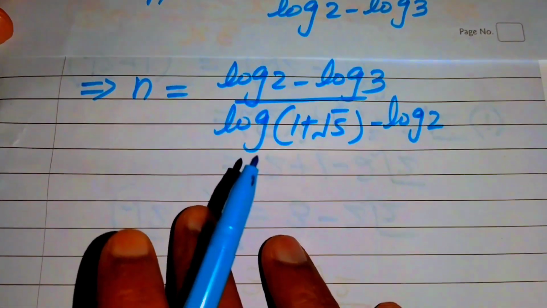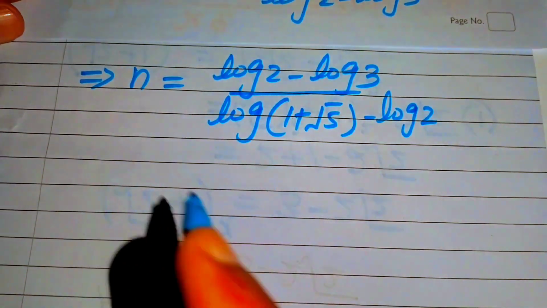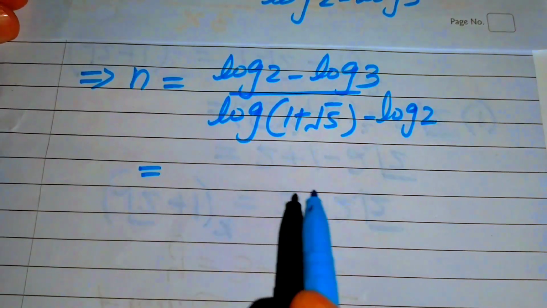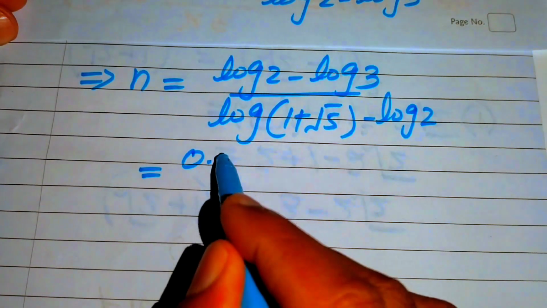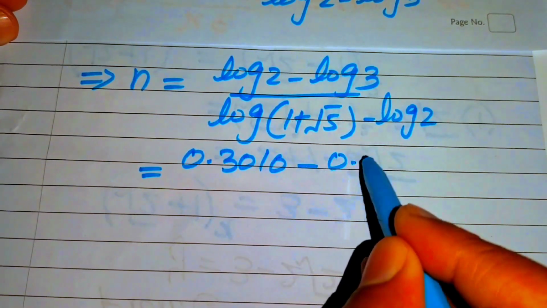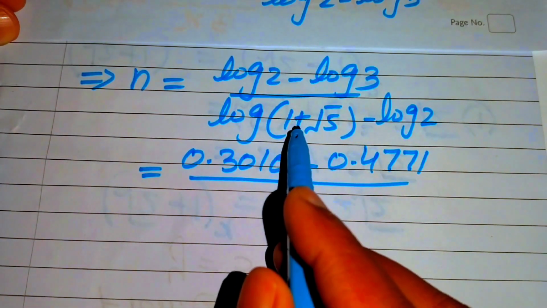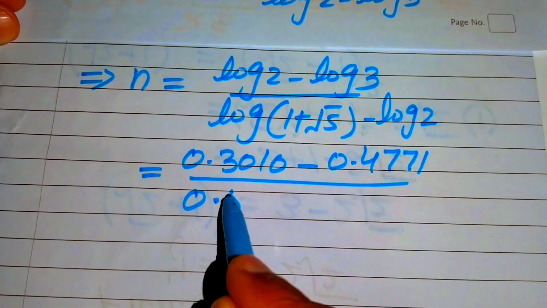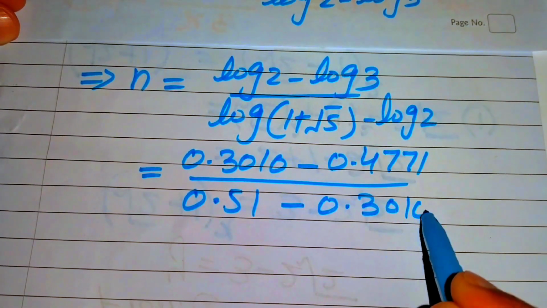So here we put the values of log 2, log 3 and log of 1 plus square root 5. You can use a calculator or log table in order to find these values. So we know that log 2 equals to 0.3010, and log 3 equals to 0.4771, divided by log of 1 plus square root 5 equals to 0.5, and log 2 equals 0.3010.